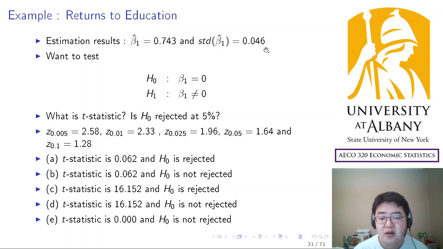So if you divide this over this, you get 16 point something. And 16 point something is huge. Any of these thresholds is smaller than 16. So H0 is always rejected at any of these thresholds.